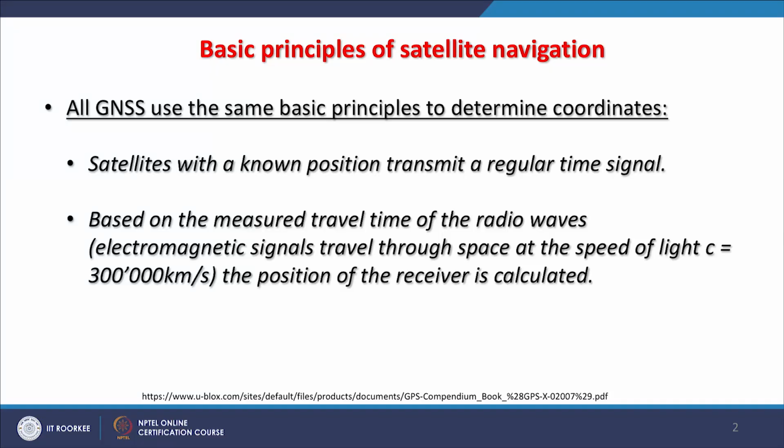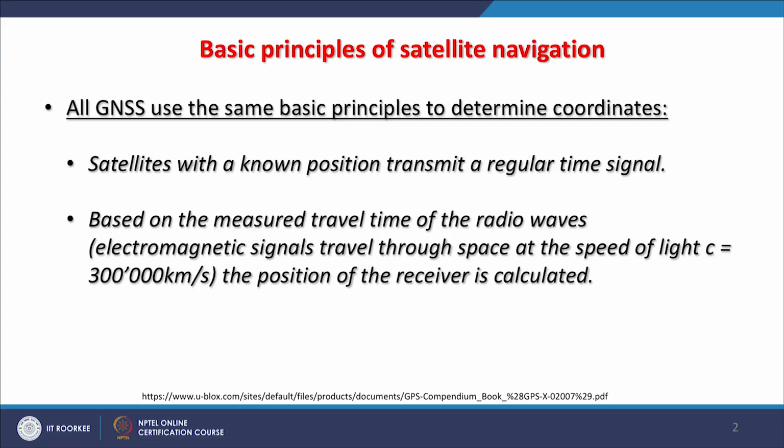This signal is not just a simple signal, but carries a set of data which is received by the receiver, and then range, that is the distance, is calculated based on the measured travel time of these radio waves, which travel at the speed of light from the satellite towards the earth, and the position of the receiver is calculated.